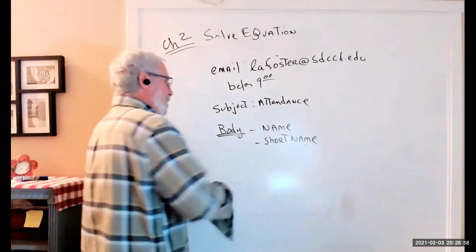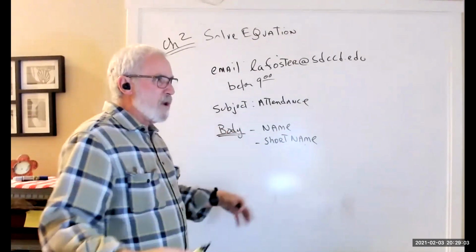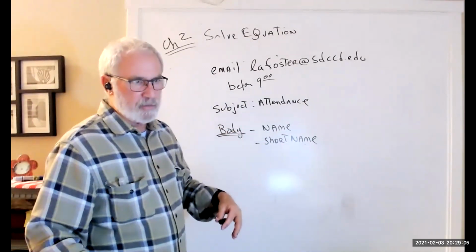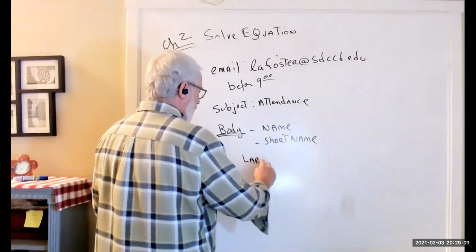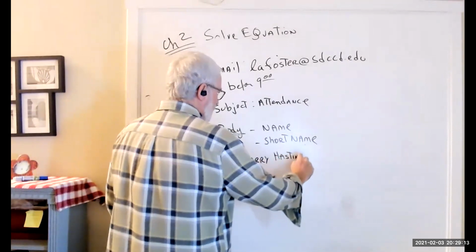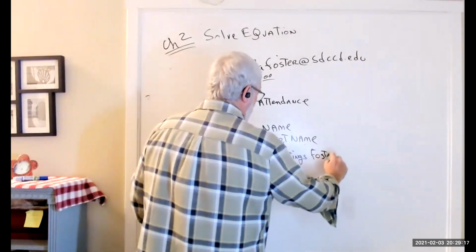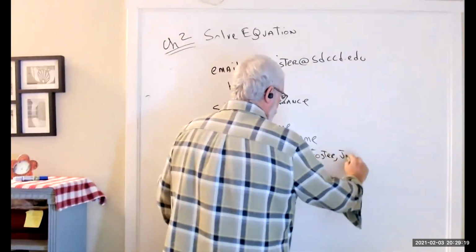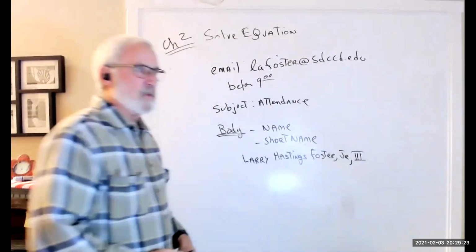But some people have really, really, really long names. And I'm going to make up a name. I'm going to make up this name, Larry Hastings, that's me, Foster, that's you. Junior, the third. Something crazy like that.